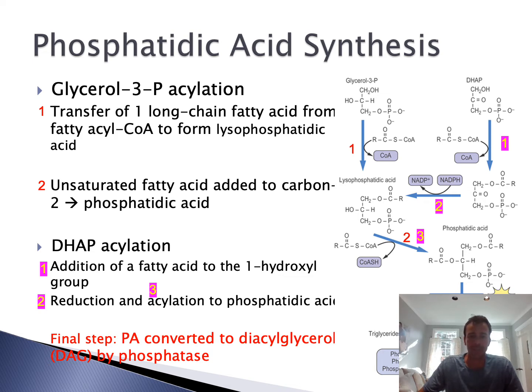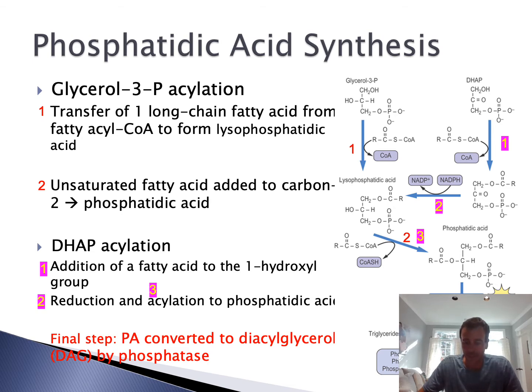So what happens here is you first have glycerol 3-phosphate, and you get transfer of one long chain fatty acid from fatty acyl CoA, shown here, to form lysophosphatidic acid, shown here, and then you get an unsaturated fatty acid added to the second carbon to form phosphatidic acid.